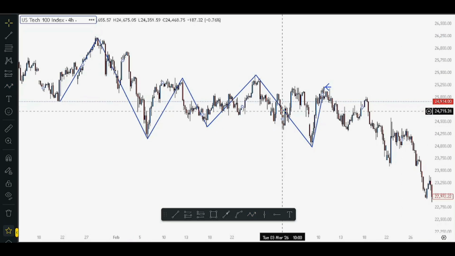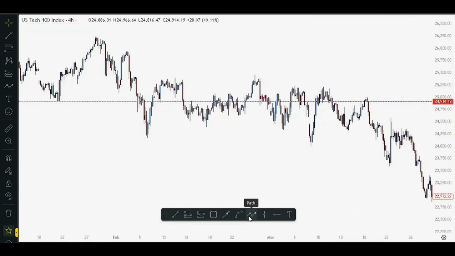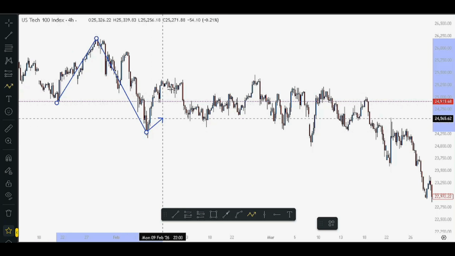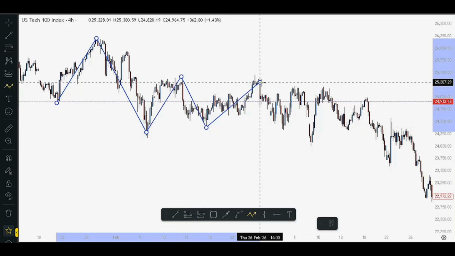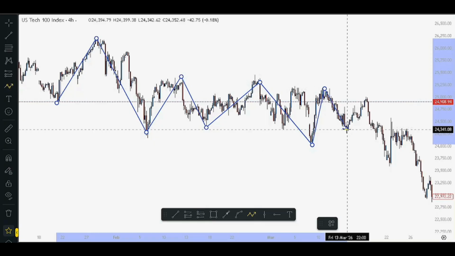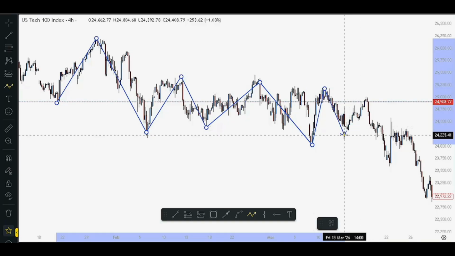Right, so this is a downtrend. What did the market do? Created a high, created a low, created a high, created a low, and so on. But I wouldn't have considered this as a low because it didn't close below here, but that's completely fine.